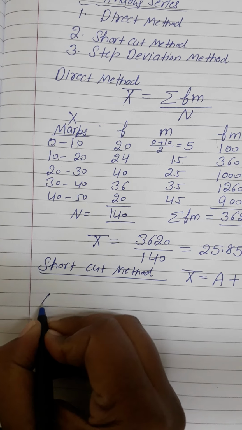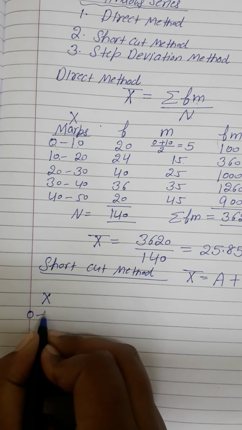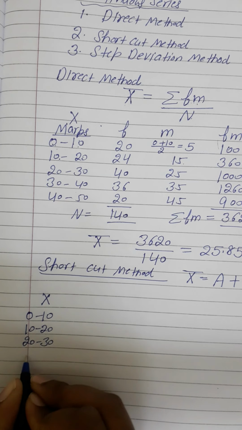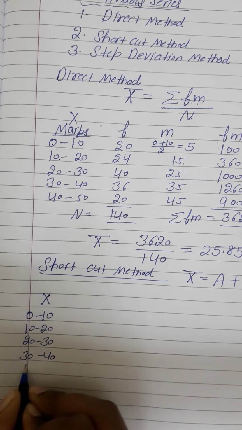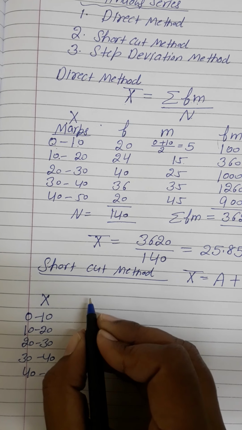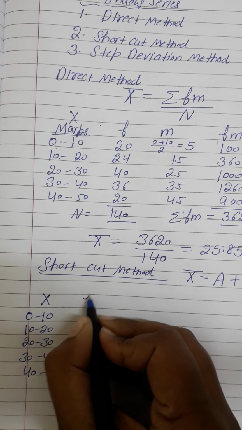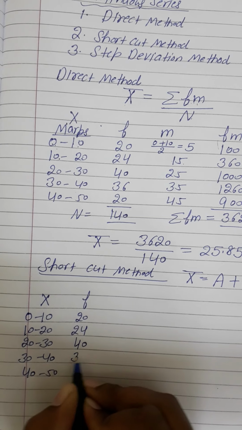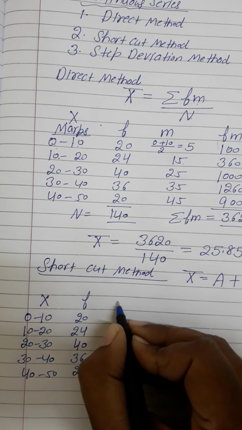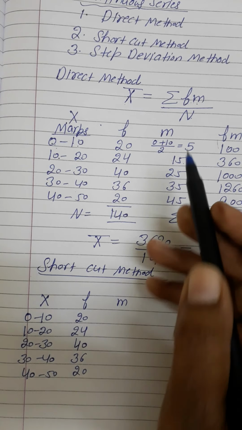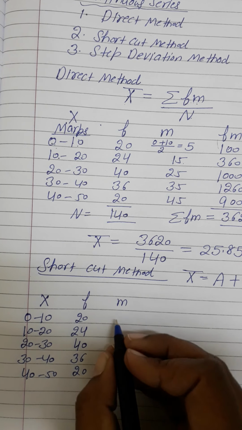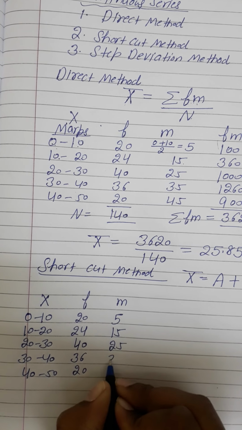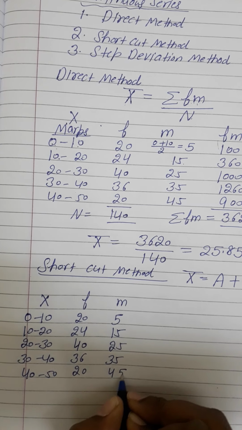The value of x is given to be 0 to 10, 10 to 20, 20 to 30, 30 to 40 and 40 to 50. And the value of f is 20, 24, 40, 36 and 20. The value of m we will calculate in the same way as we have calculated above. 5, 15, 25, 35, 45.